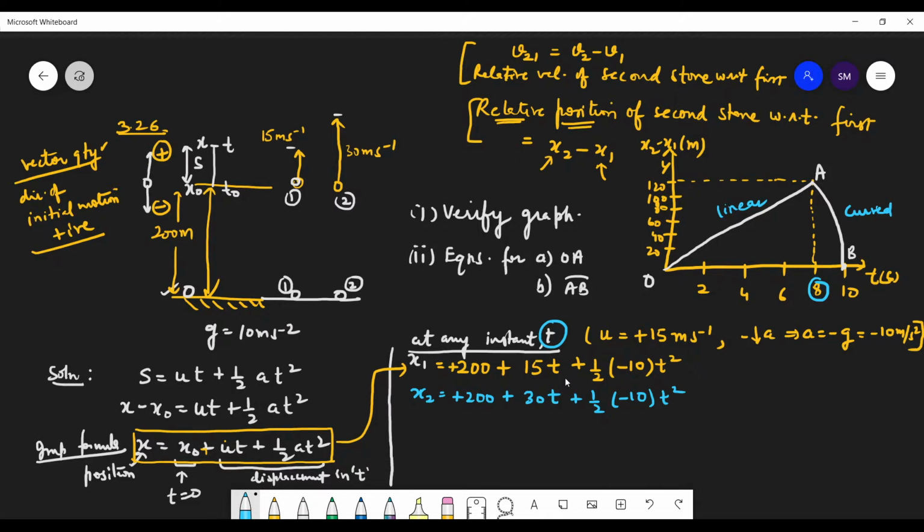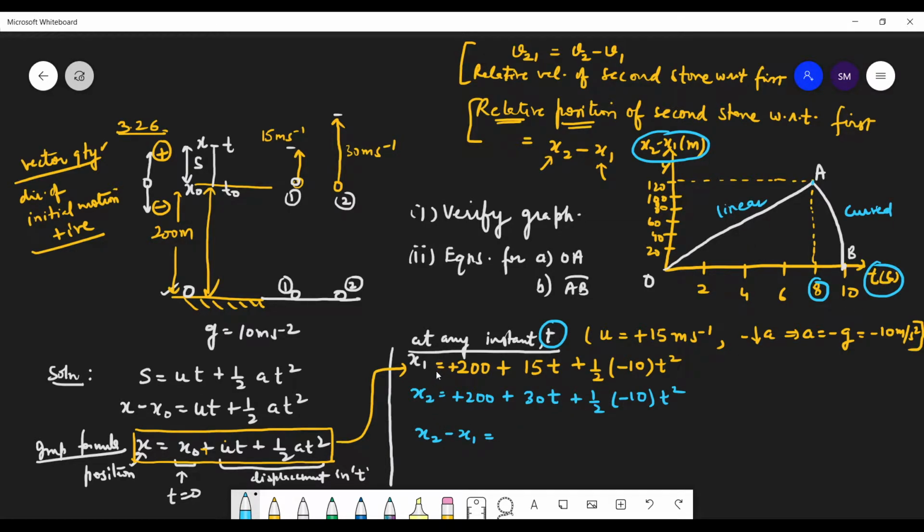What's so special? So students, first of all, let us find this x2 minus x1, because this is the graph of x2 minus x1 and time. So let us find the relation between x2 minus x1 and time.